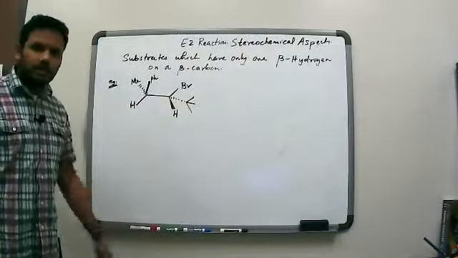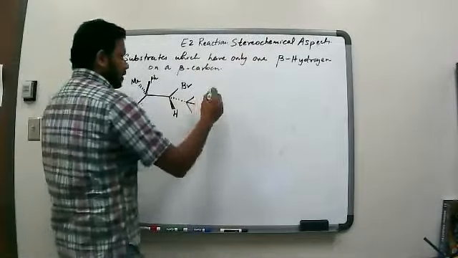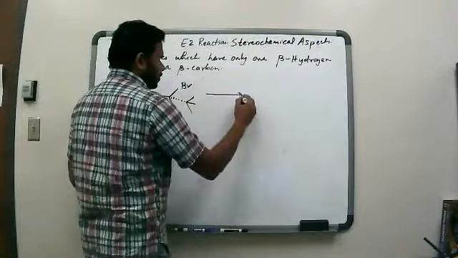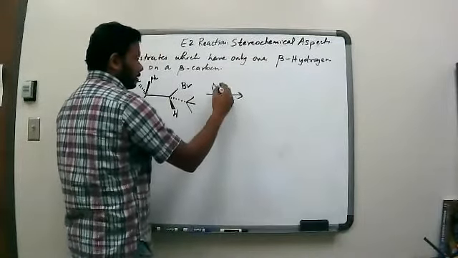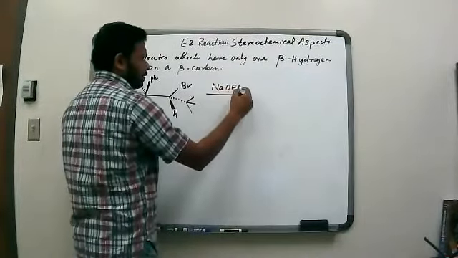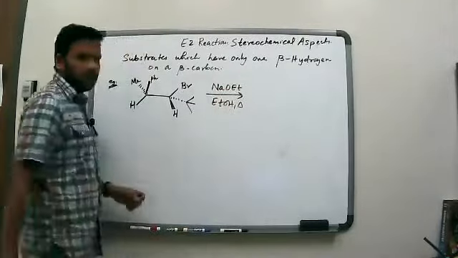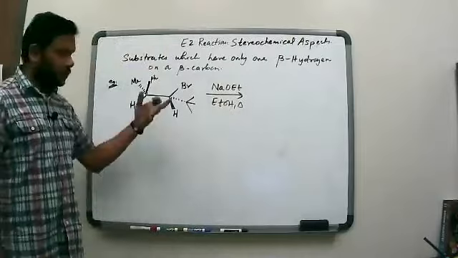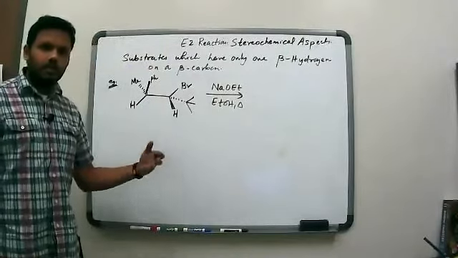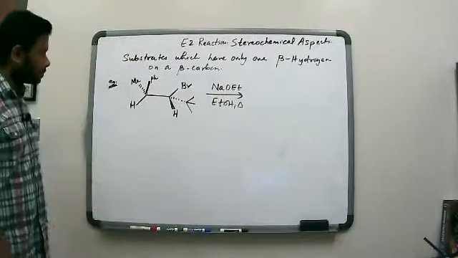So this is our substrate that we have. And the reaction, what we're doing is we're going to react this with NaOEt, let's say, in ethanol with heat. That's the reaction. Again, E2 reaction. So we're trying to write an elimination product here.